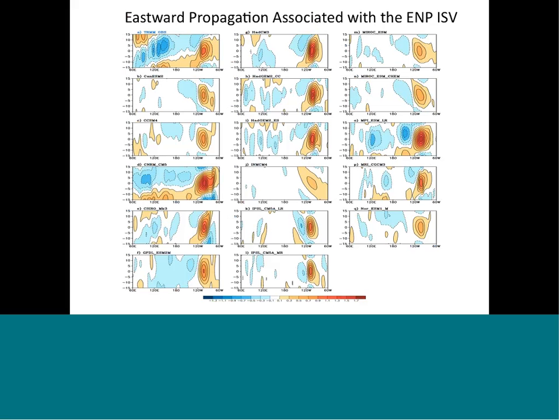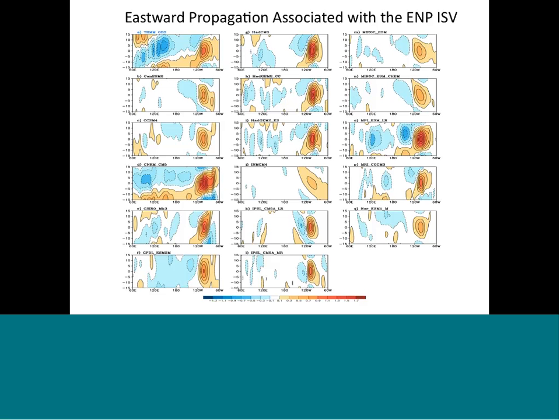This is relatively well captured by several models, for example panel D, panel E, and the Hadley Center models. However, as we previously mentioned, the close linkage between the ISV over the Eastern Pacific and the Western Pacific, as found in the observations, is only captured by one model. It's panel D.